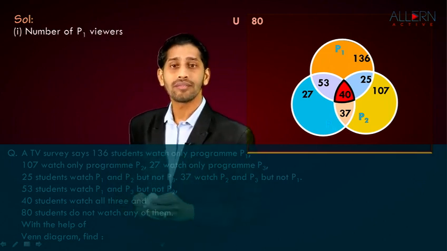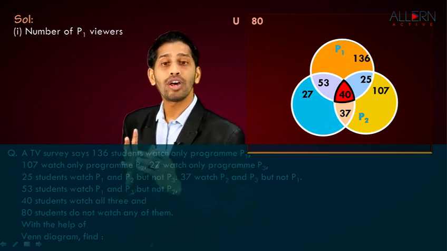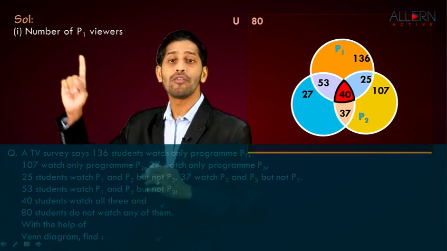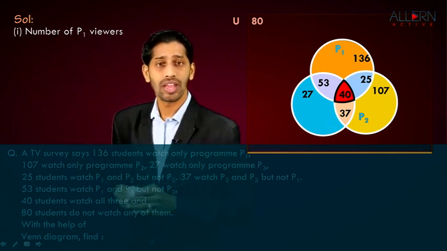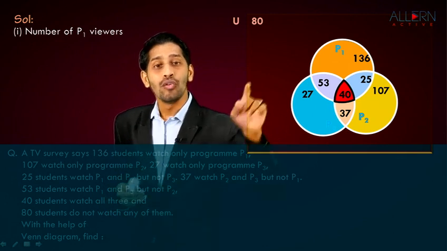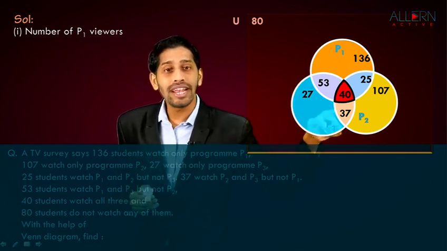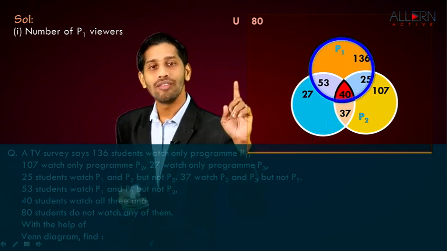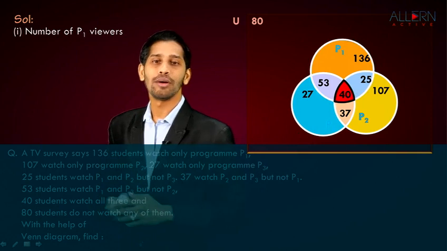The first question is to find the number of students who watch program P1. That means we have to find the number of P1 viewers. In order to find this, whatever numbers we observe inside the circle P1, we just add all of them, and the value we get is the number of P1 viewers.